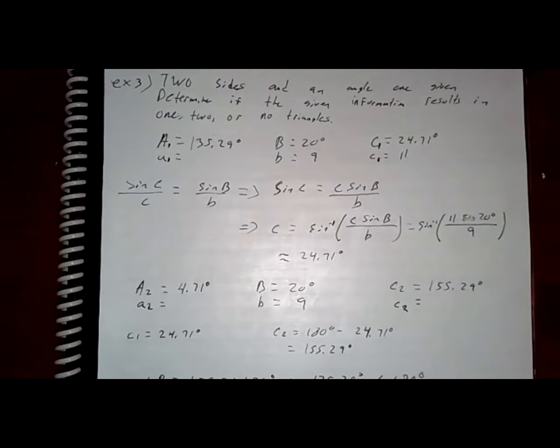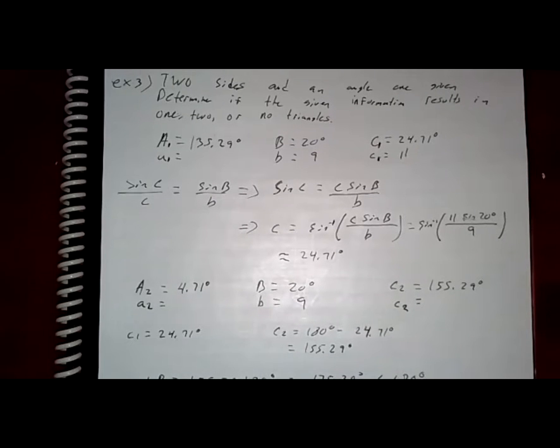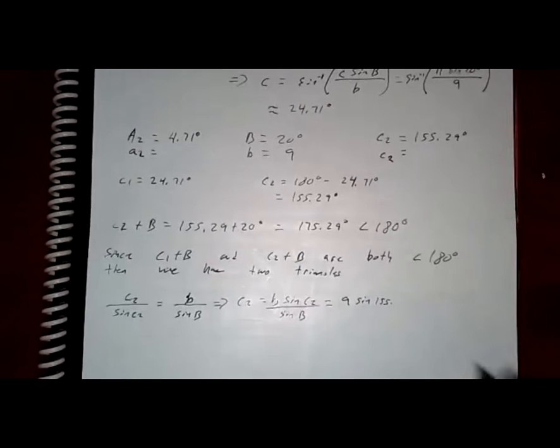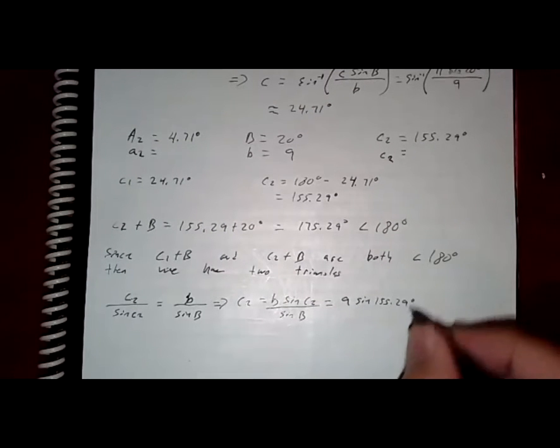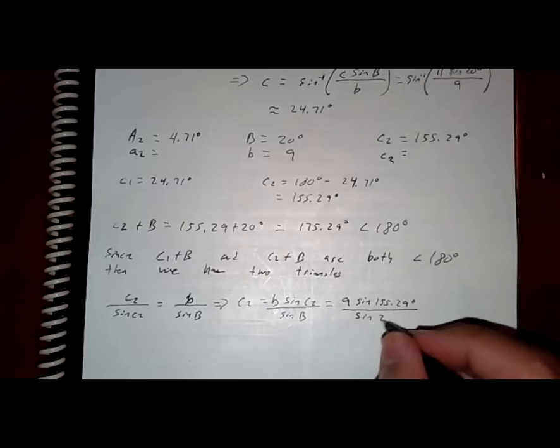You would say C2 over sine C2 is equal to B over sine B. So that means that C2 is equal to B sine C2 over sine B. So that will be 9 sine of 155.29 over sine of 20.